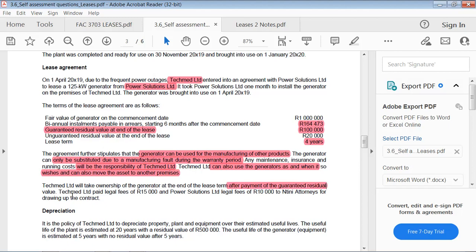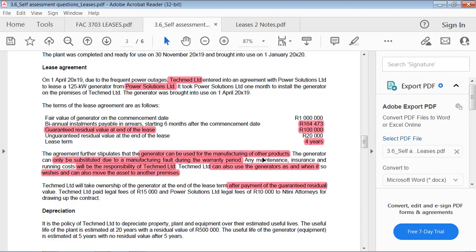Right, TechMade Limited paid legal fees of 15,000 to Ndini attorneys for drawing up the contract. So this information will work when we're now doing the calculations, when we're determining our rate implicit, which we'll then do in the following week. All right.